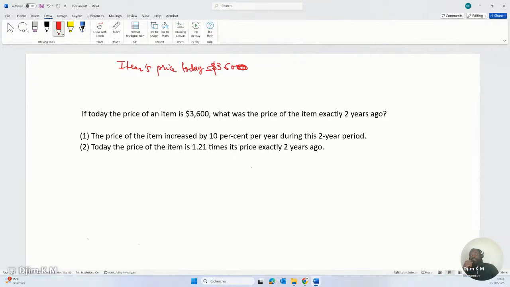The first condition says the price of the item increased by 10% per year during this 2-year period.